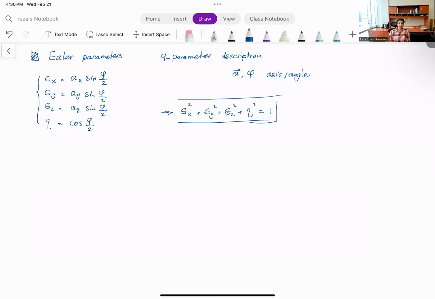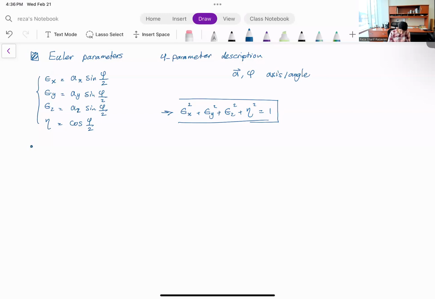Essentially, it is the same axis angle description, written slightly differently, which leads to this nice property. And because of that slight change in the way you show the parameters, it has interesting and good properties.